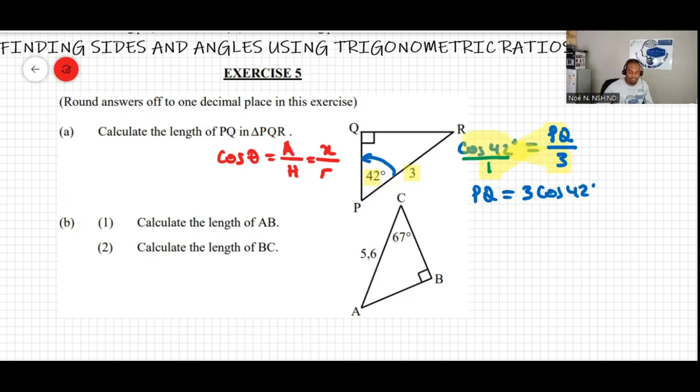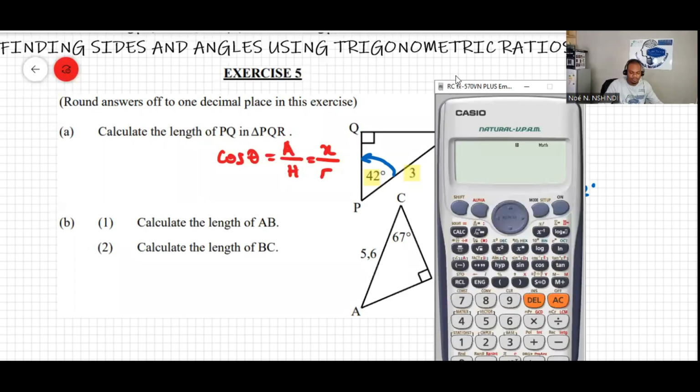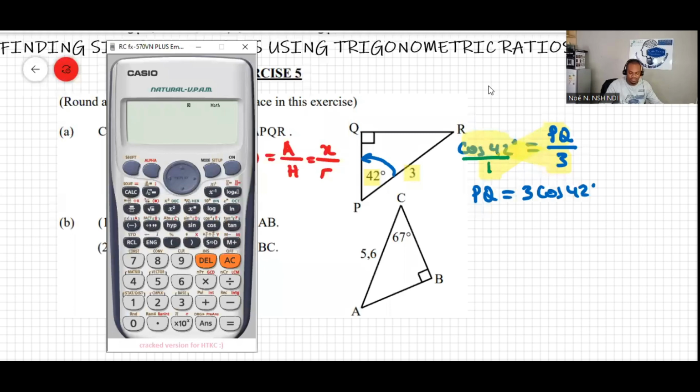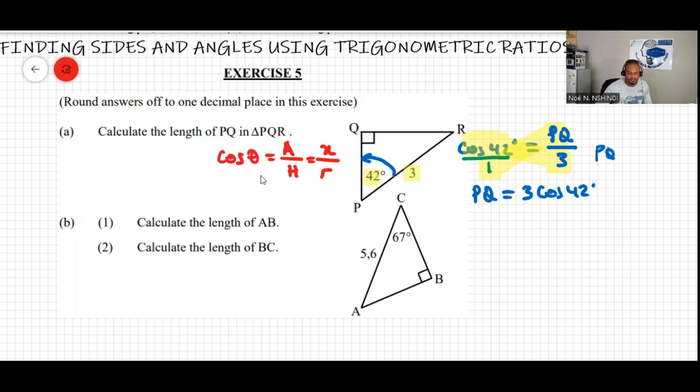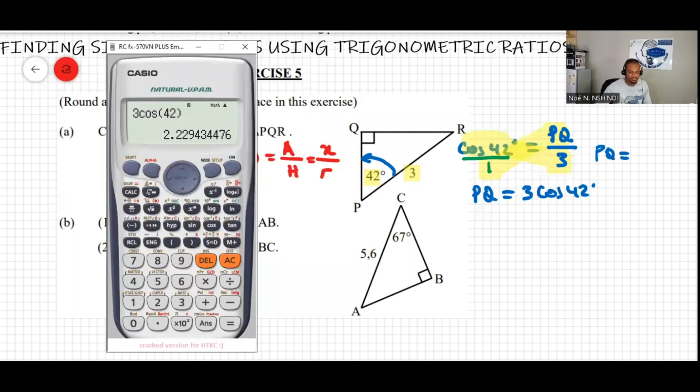Now we can use a calculator. We write the 3 and then cos of 42 degrees, close that and hit equal. Then the side PQ is equal to 2.20.